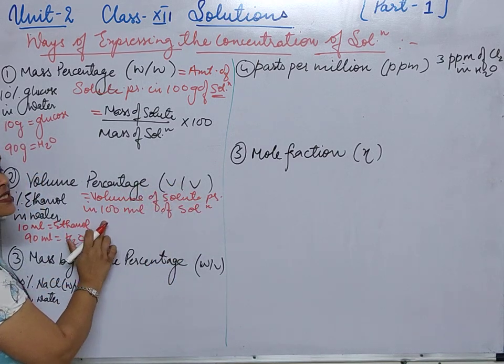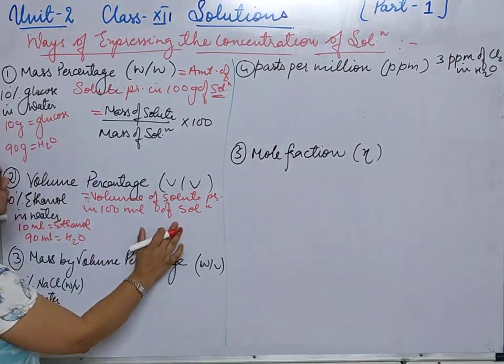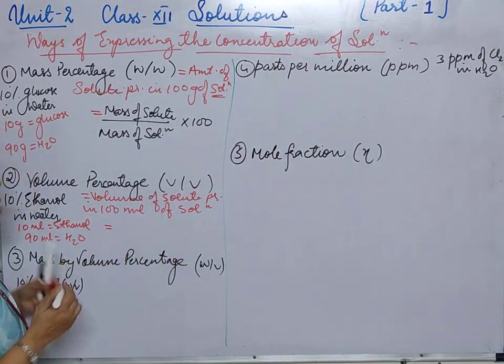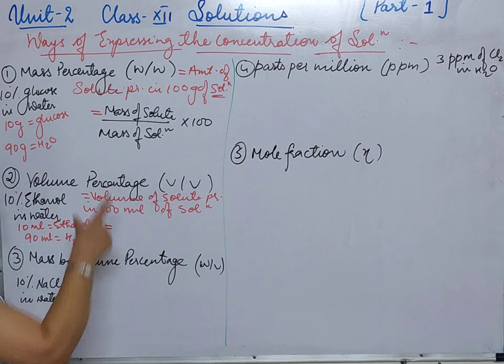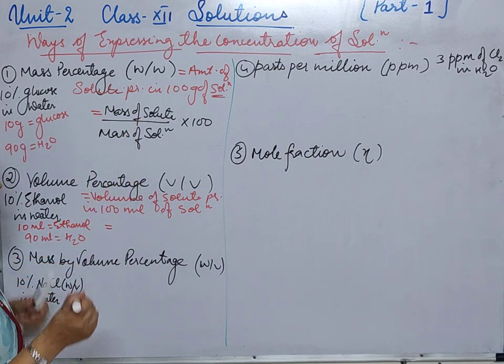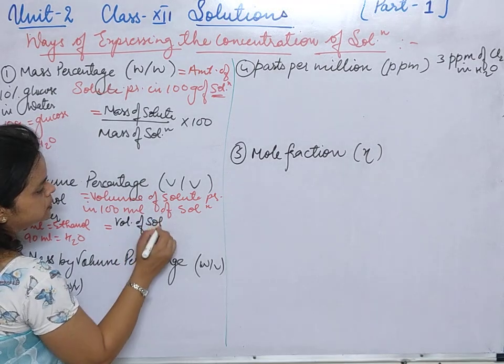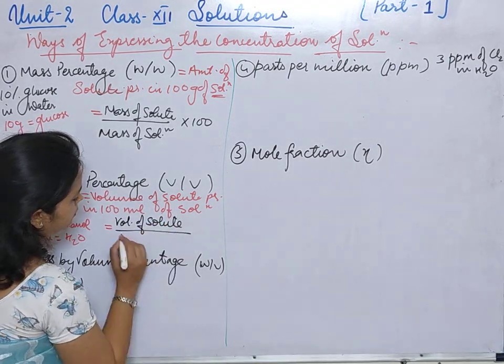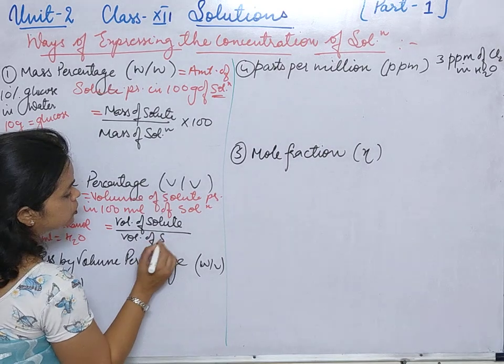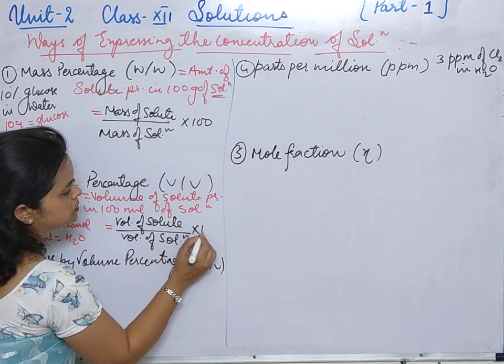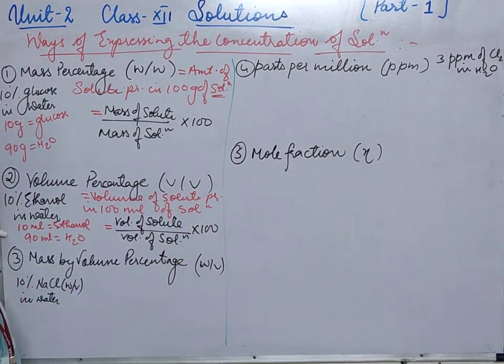Volume of solute present in 100 ml of solution. How will we calculate it? What will be the formula here? Instead of mass, we will write the term volume. Volume of solute upon volume of solution into 100. The same percentage we are calculating.